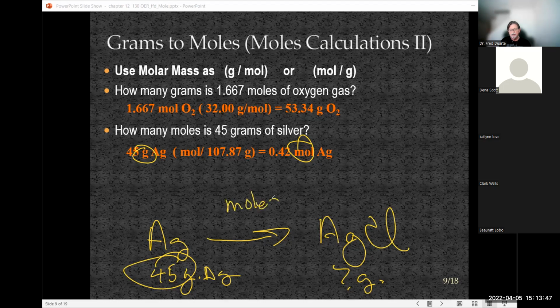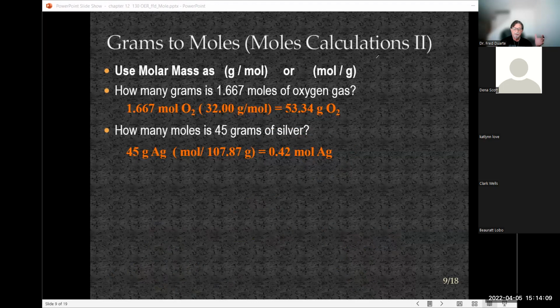Well, before I do anything, I need to convert my 45 grams of silver to moles of silver. That's what I did right there. Now, at that point, I can go to whatever else I need to go to. Okay, so that's our common factor, being able to learn how to get from grams to moles and moles to grams. Okay, going back and forth.